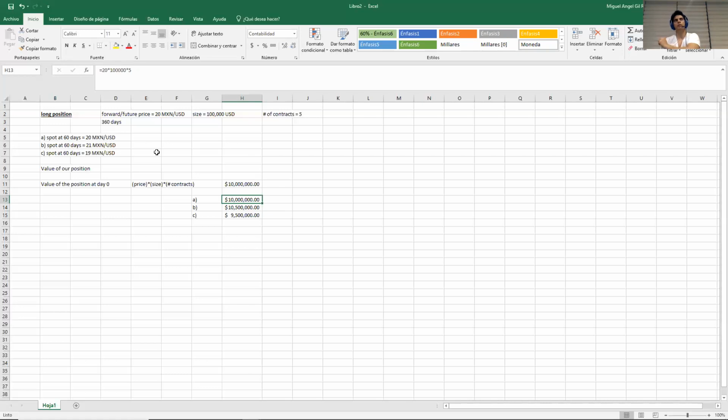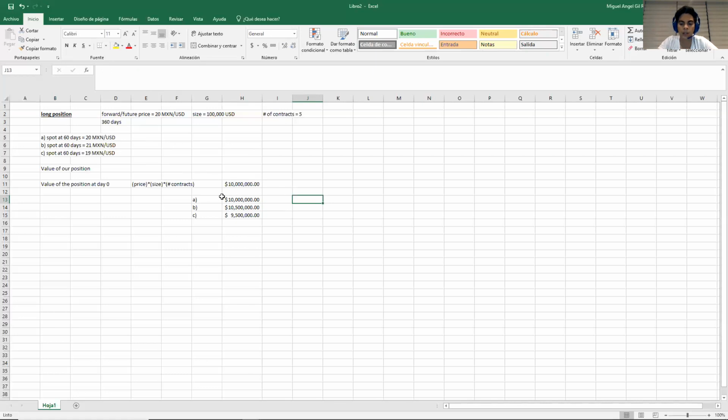If you ask yourself how you would do the subtraction, which minus what? I think it's easier if you understand what position you have. In all of these problems, we have a long position. The long position means that I will be forced to buy at 20 pesos.